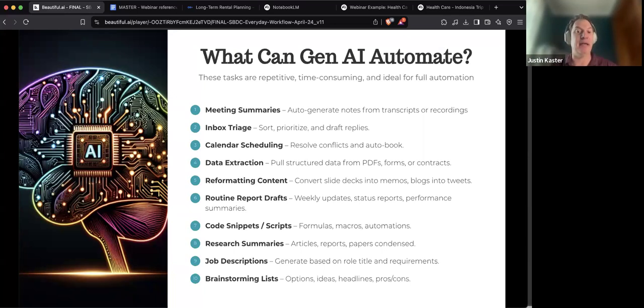So you can see things like managing my inbox, calendar scheduling, which I mentioned, reformatting content that I've created, creating job descriptions. Yes, you want to make sure the right responsibilities are in there, but imagine if you could have a great starting point. Would you want to leverage a tool that could help you get a really great draft that's almost ready to go? You can do things like this today, actually, with generative AI. Okay. And we'll come back to meeting summaries in a little bit.